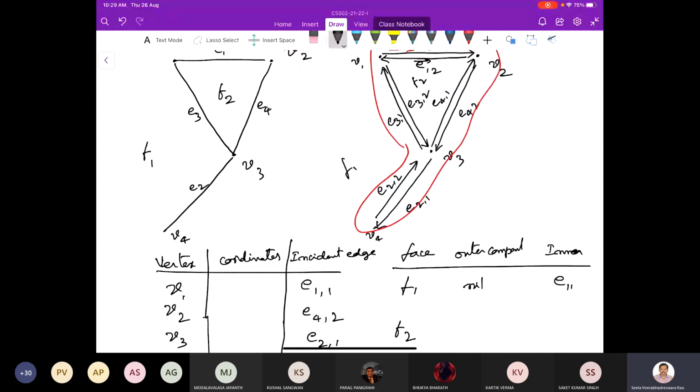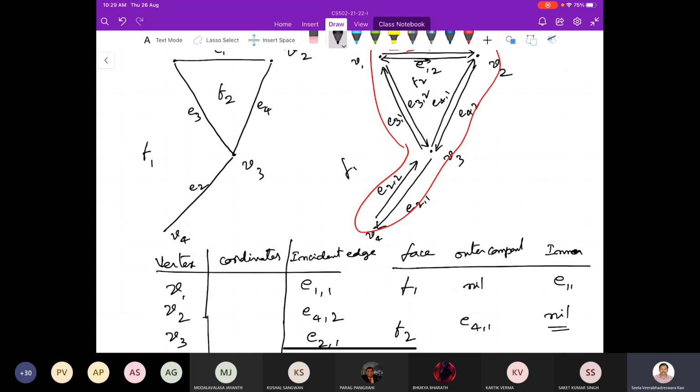Similarly, if you take face F2, we'll keep one edge which is incident on this boundary of the F2, such that, okay, the face is on the left side. So you can keep any one of them. So we'll keep this 4-1. Okay. And for the inner component, there is nothing, nil.